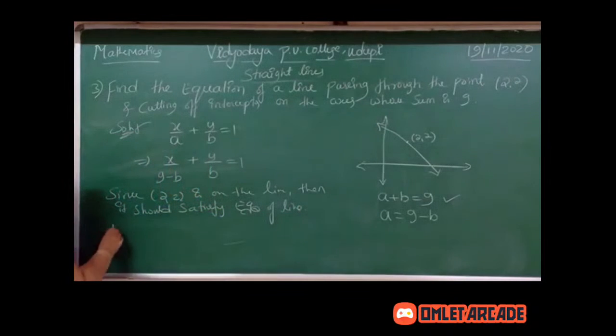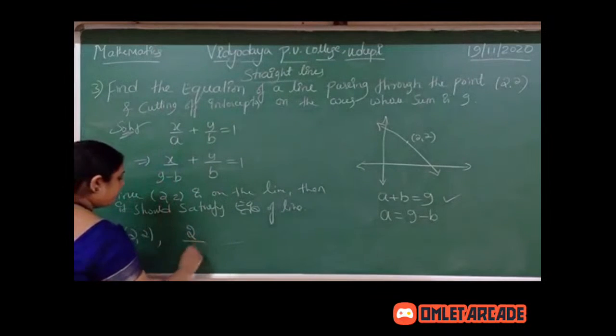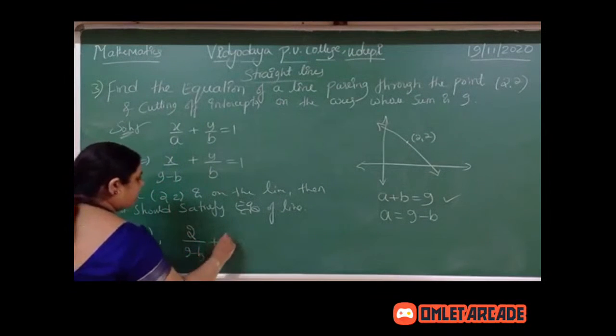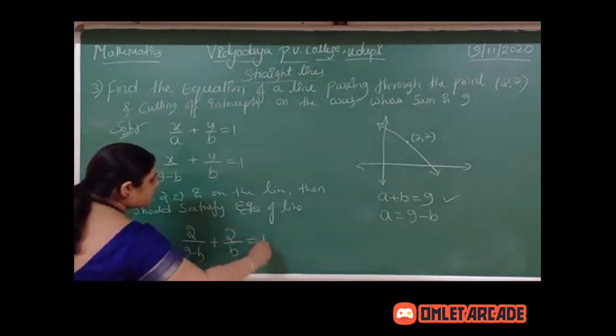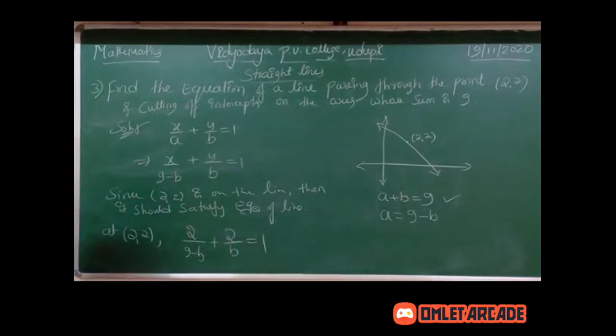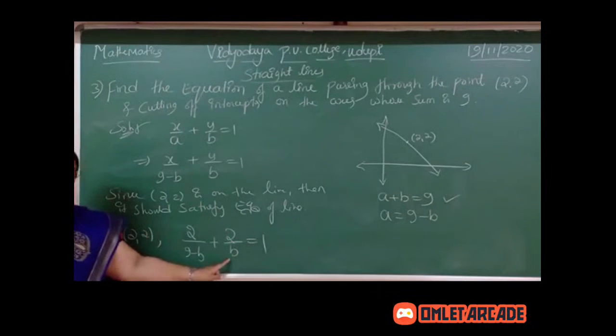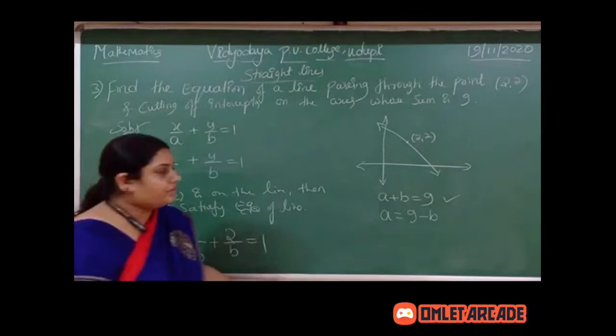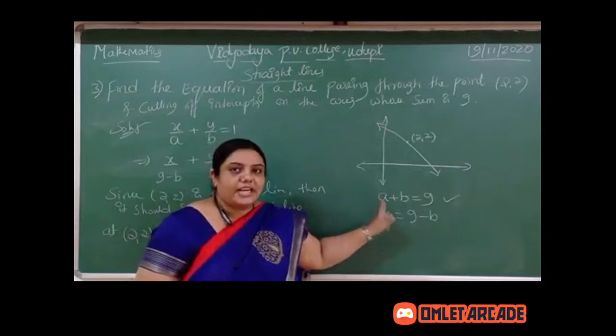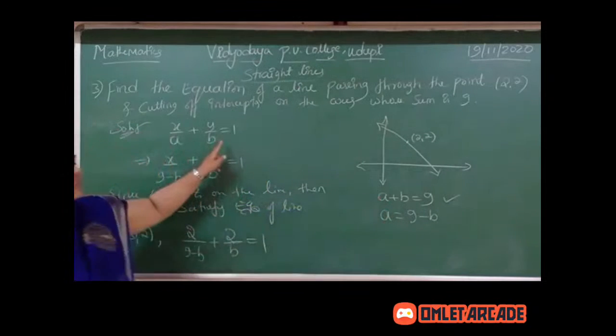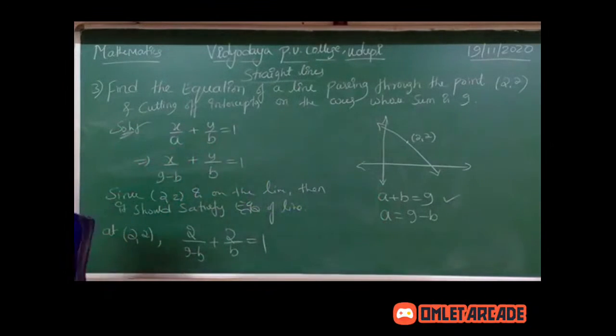So what happens at this point? At (2, 2), the equation becomes 2 by (9 minus b) plus 2 by b is equal to 1. Now finally you have an equation only in terms of b. Now it will be easy to find the value of b. Once you get b, you can find a. Once you get a and b, easily you can find the equation of the line, isn't it?